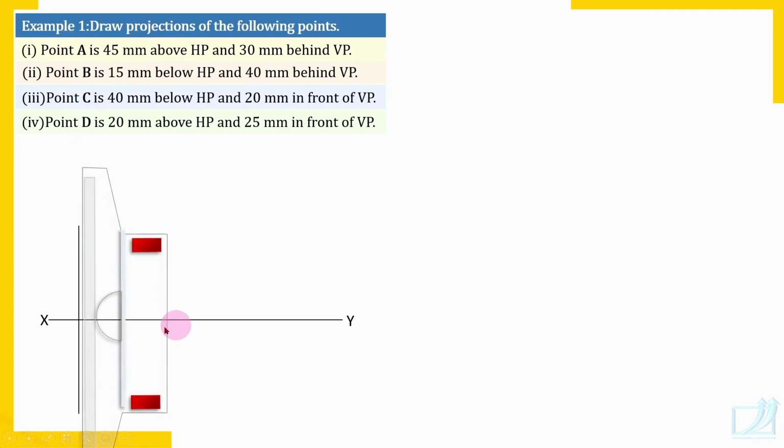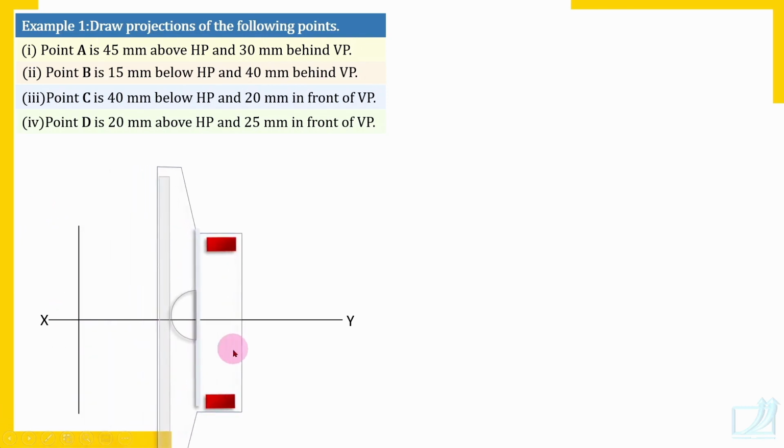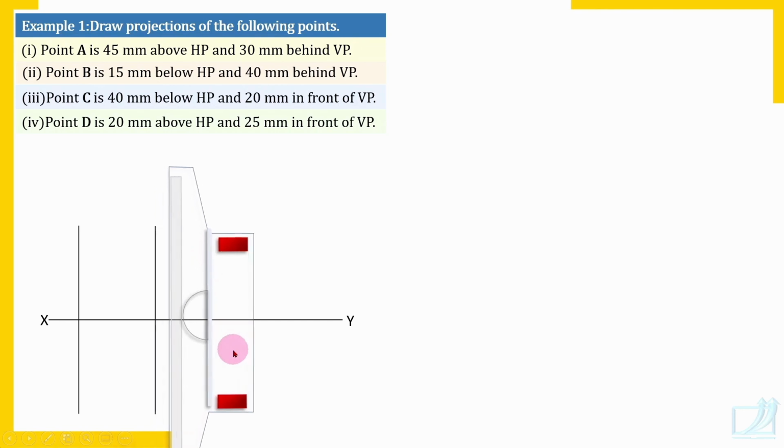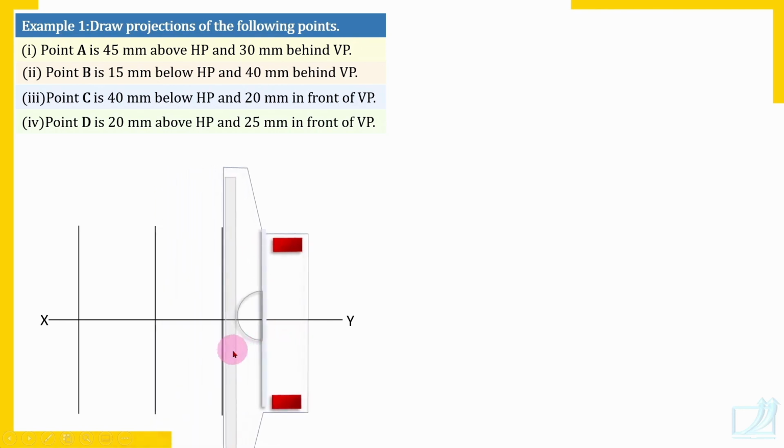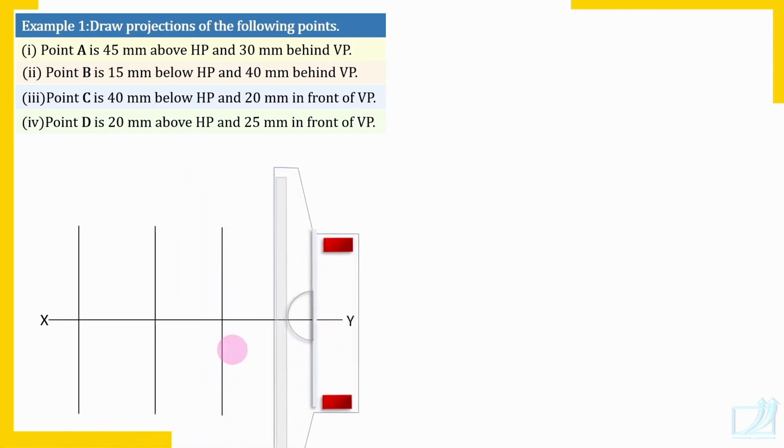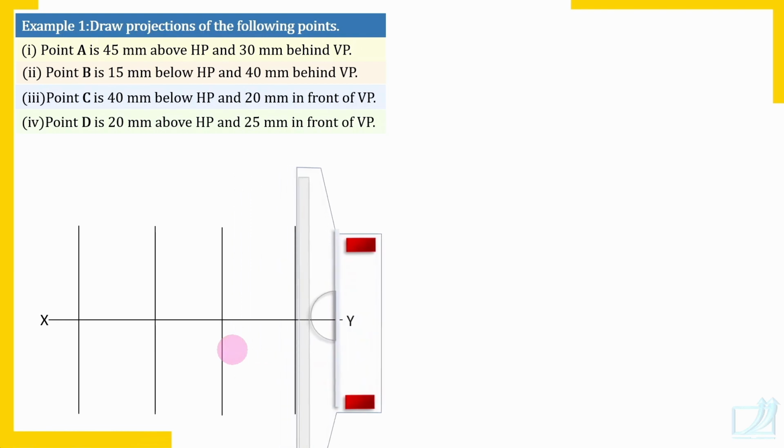So set roller with the first vertical line and roll it. And this is how we draw 4 projectors. So projector of A, projector of point B, projector of point C, and projector of point D.